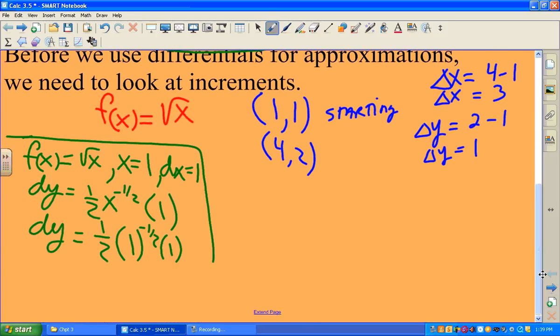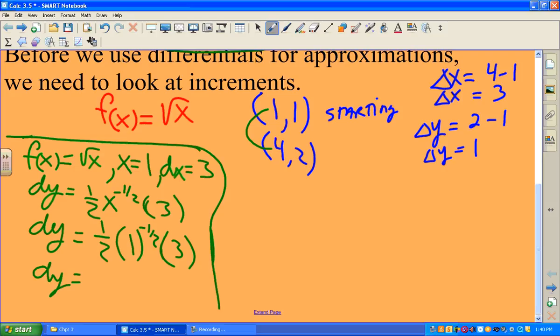I was worried there for a minute. The change in x is actually 3, from 1 to 4. I'm making this up on the fly to try to help. So that means the approximate change in y is going to be 3/2.